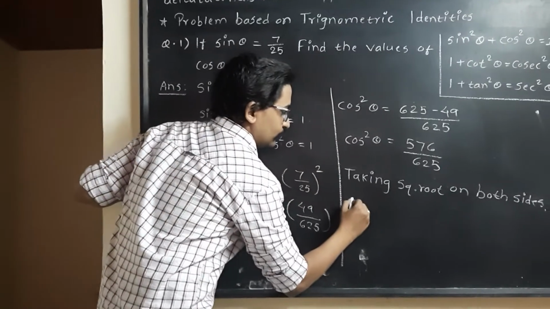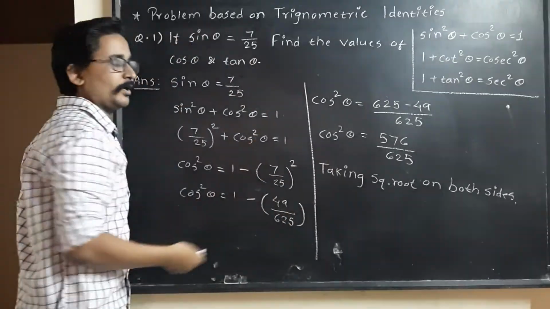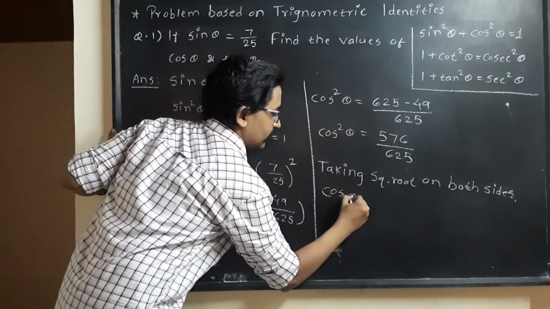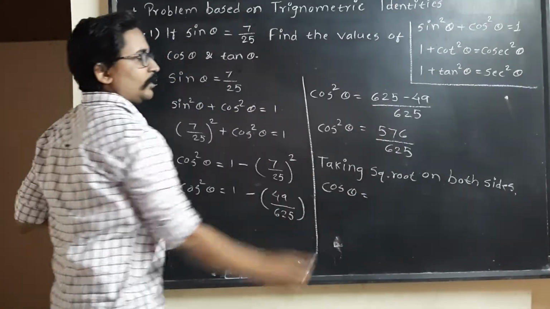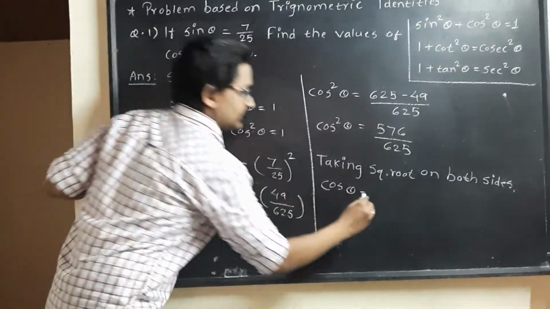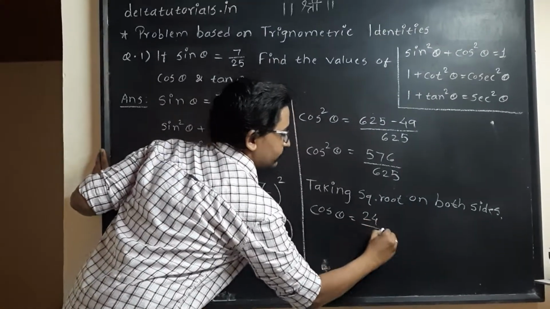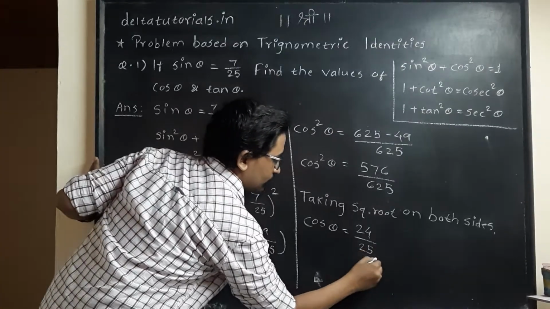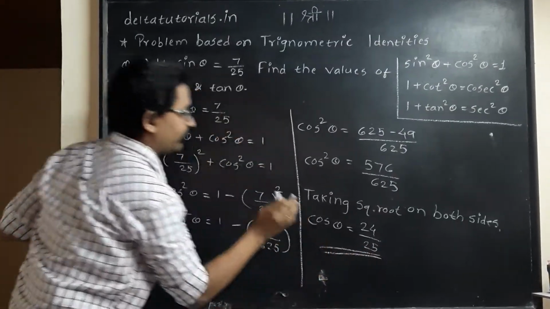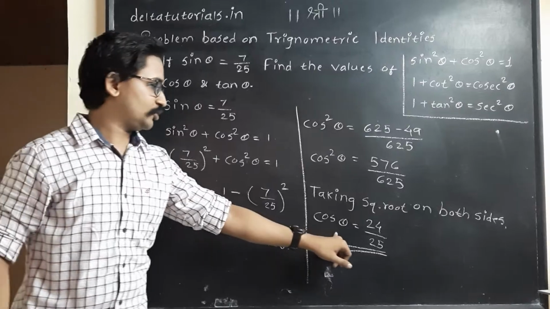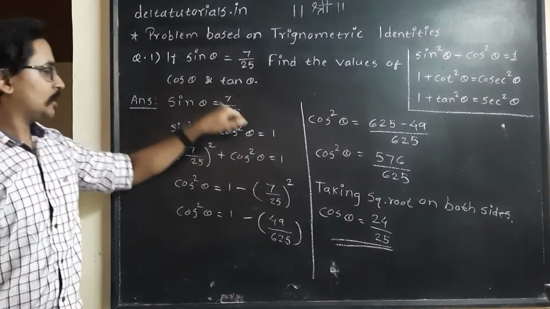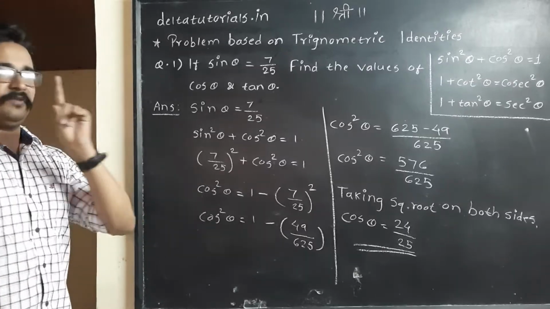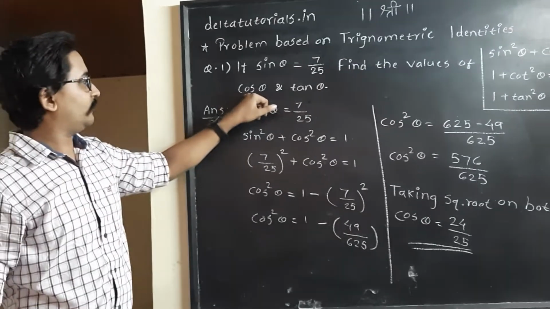Okay, so let's take the square root. Square root of cos square theta will be cos theta. Cos theta equal to square root of 576, which is 24, and square root of 625 is 25. So in this way we have found the first trigonometric ratio's value, that is the value of cos theta, which is 24 by 25.